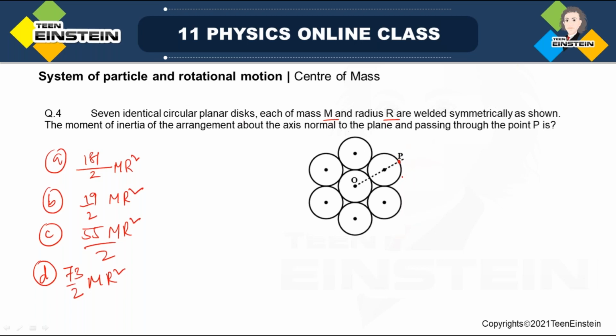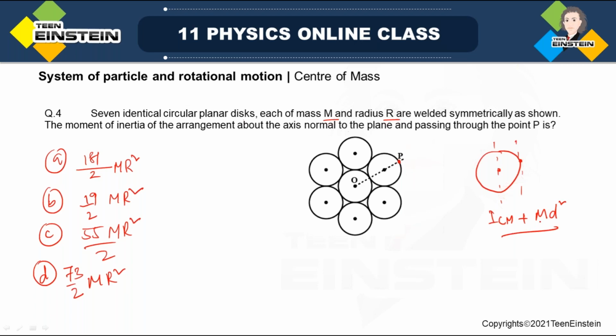So how to find out the moment of inertia? As you can see, if we just consider only one disk and an axis passes through this point, perpendicular to the plane of this disk, then we use what is called the parallel axis theorem, I plus m into d square.